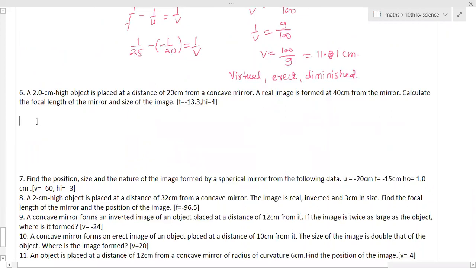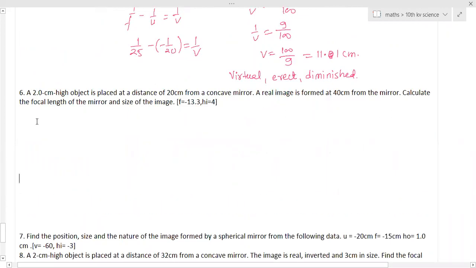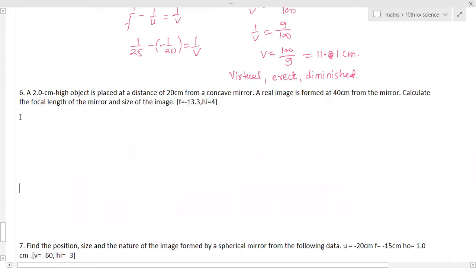Next, Dikshita, given things. U is equal to minus 20 centimeter. Then V is equal to minus 40. Why minus 40?